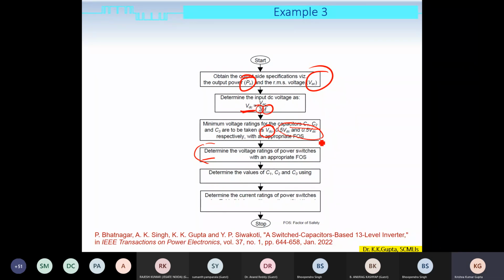Then we can determine the values of C1, C2 and C3 using the equations. I have not shown the equations which we had discussed. And we can determine the current ratings of the power switches. This is the general approach to design a switched capacitor topology.